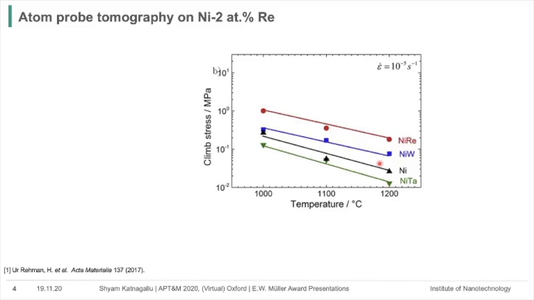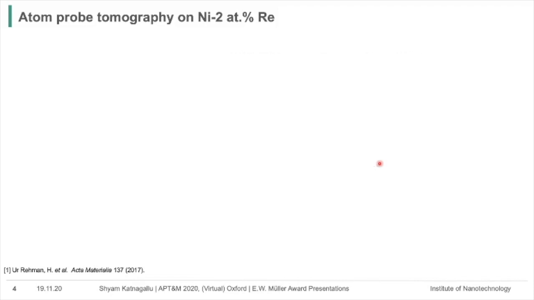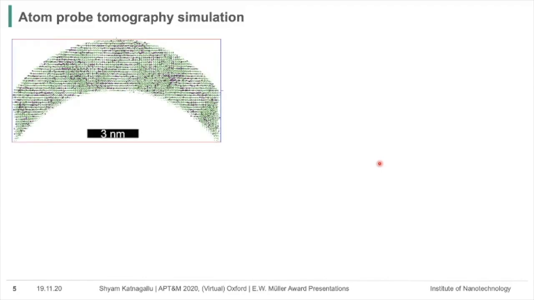In order to understand this, we did a simulated experiment. In this simulation, we took pure nickel and deformed it uniaxially in a molecular dynamics simulation package so that we can introduce defects into our sample. Once defects are introduced, we identify these defect volumes using a software called Ovito.